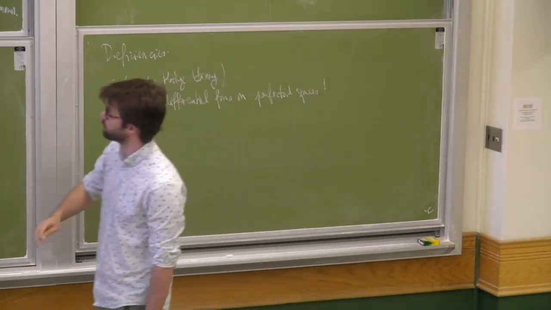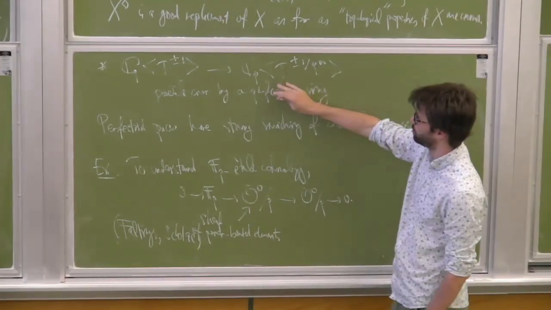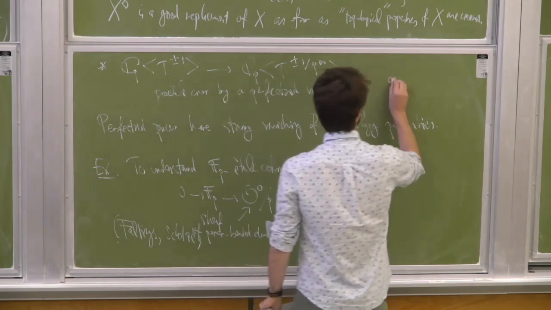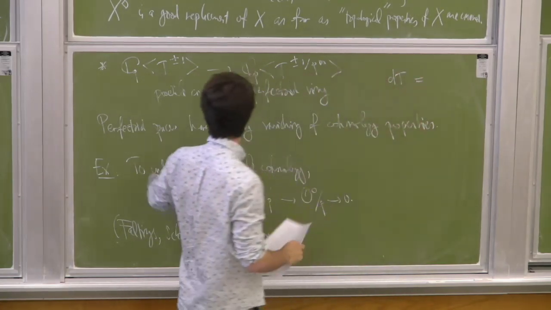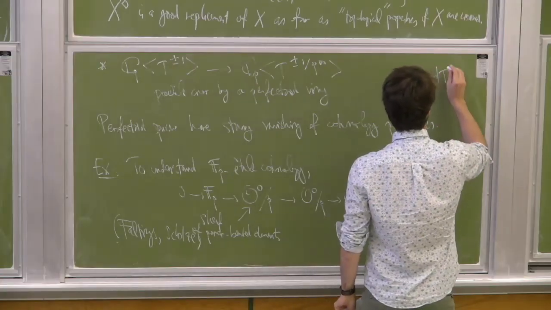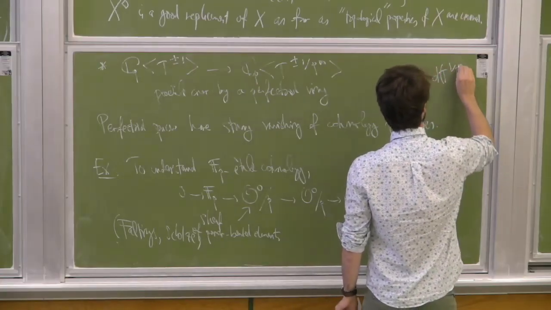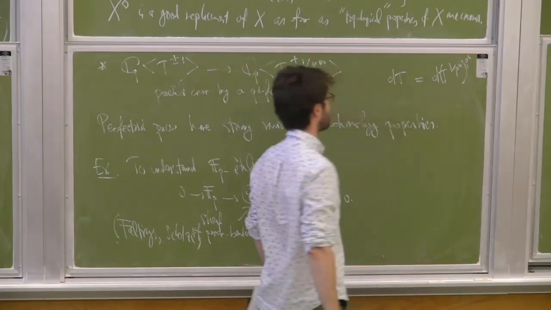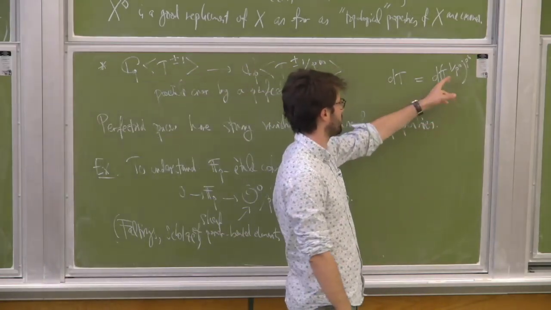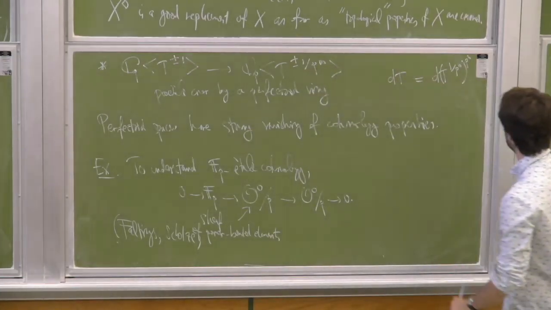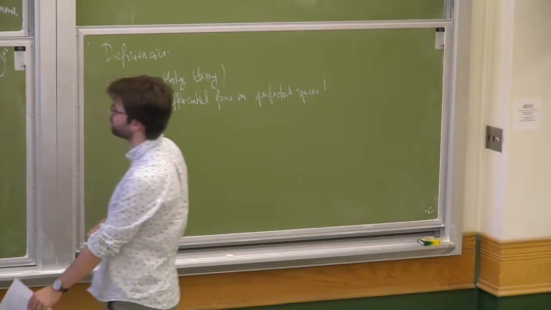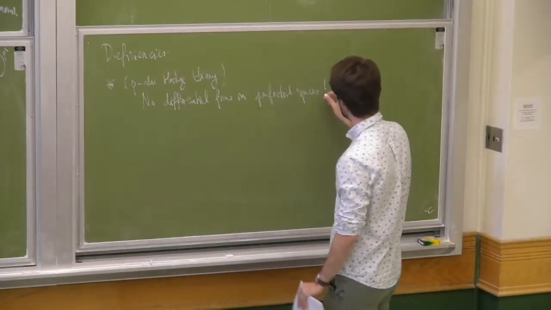So you see it in this example. For example, if you look at dT and pull it back to this perfectoid ring, in this perfectoid algebra, you can write T as a p^n-th power for arbitrary n. So you see that these elements become infinitely divisible by p, and so it's killed by p.